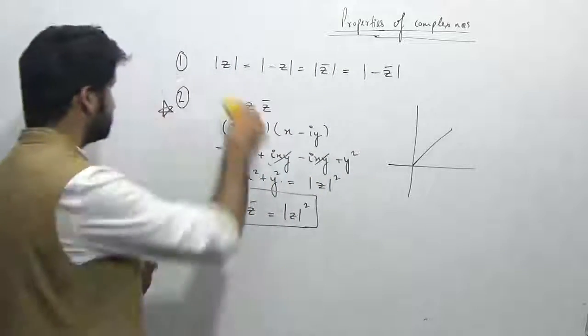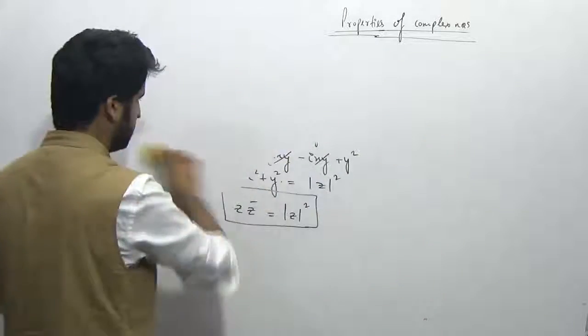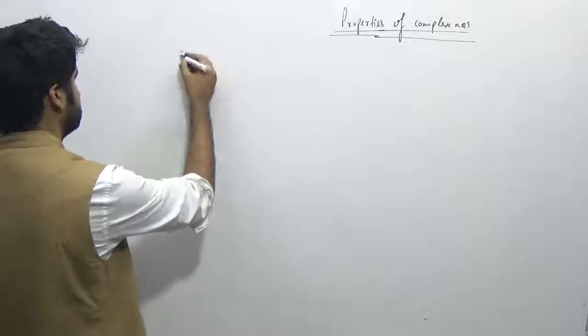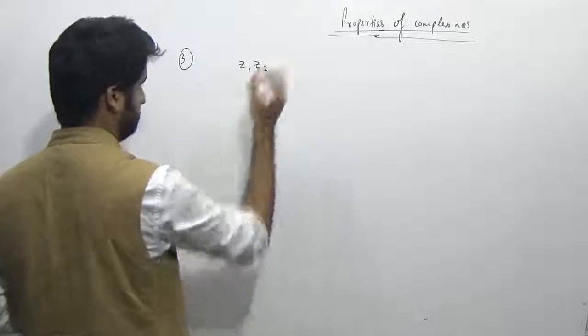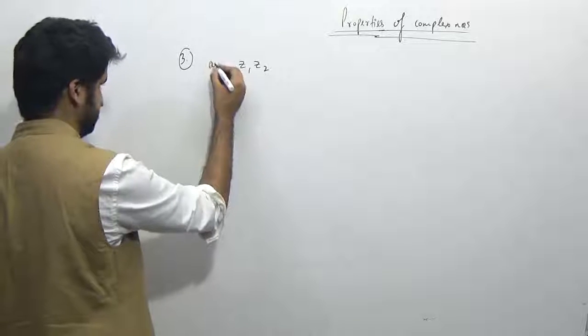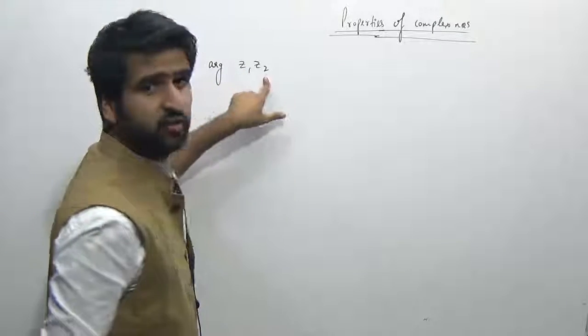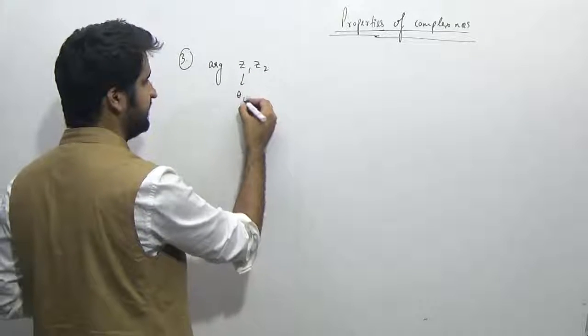Next thing, if I have 2 complex numbers and I multiply them, what will happen to the argument? I have to see what will happen to the argument if I multiply 2 complex numbers. Let's say the argument of the first will be theta 1 and of the second theta 2.